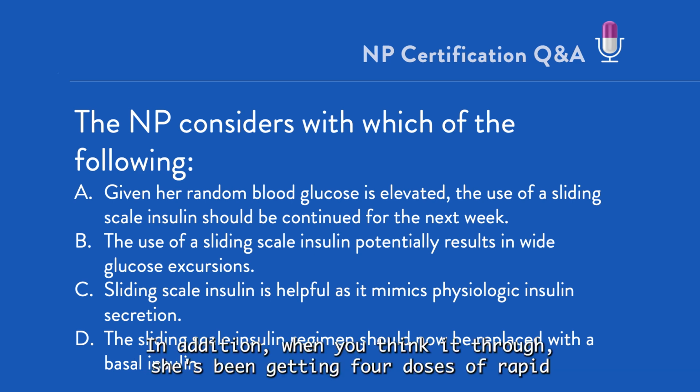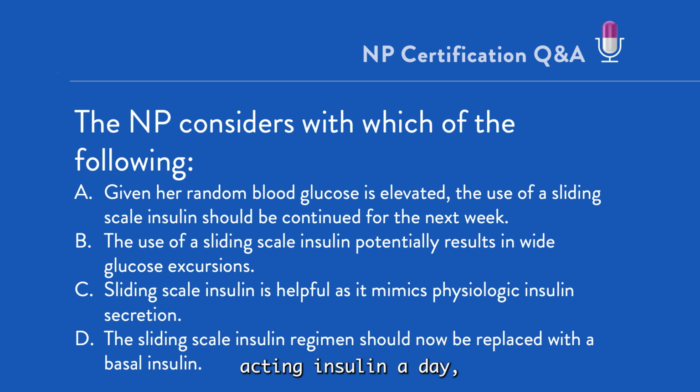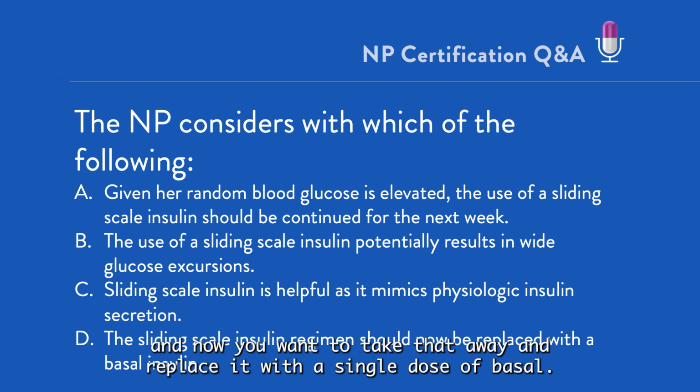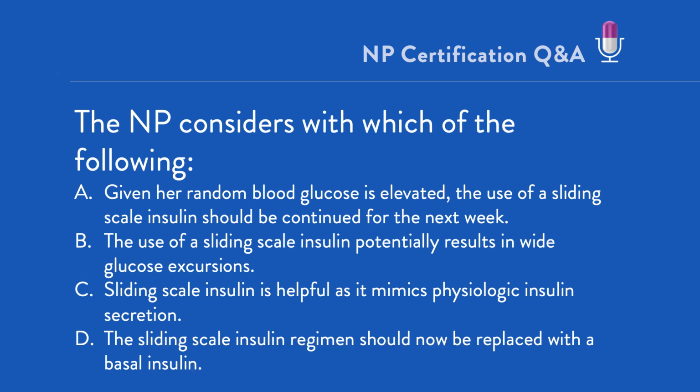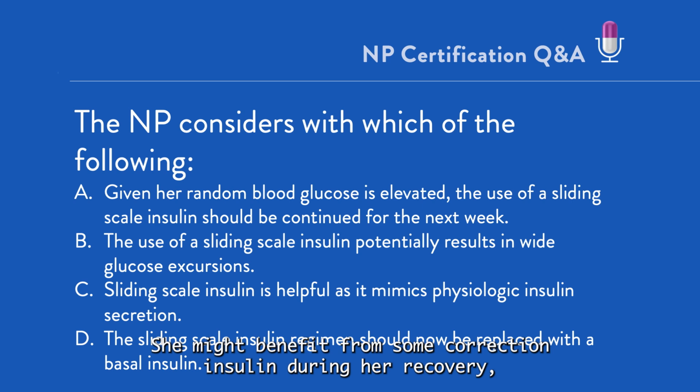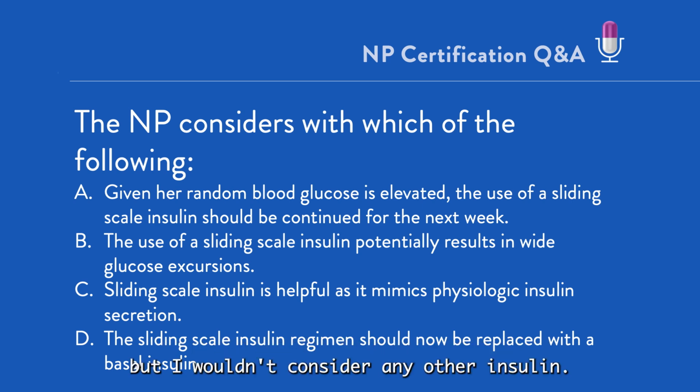In addition, when you think it through, she's been getting 4 doses of rapid-acting insulin a day, and now you want to take that away and replace it with a single dose of basal. It doesn't make pharmacokinetic sense. She might benefit from some correction insulin during her recovery, but I wouldn't consider any other insulin.